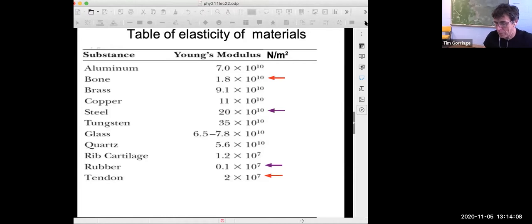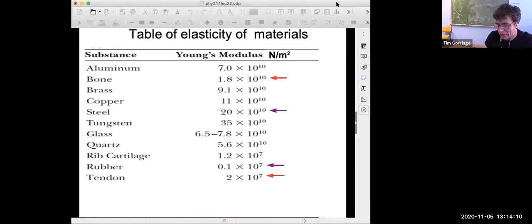Okay, so again, if you were over in the engineering library, God forbid, there would be tables of elasticities and strengths of different materials. So this table, just to give you an example, is tables of, we're imagining that we're stretching or compressing rods of aluminium or copper or steel or whatever.